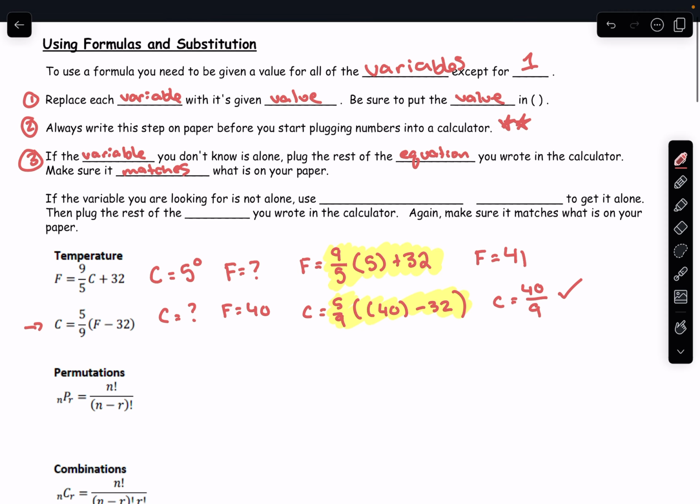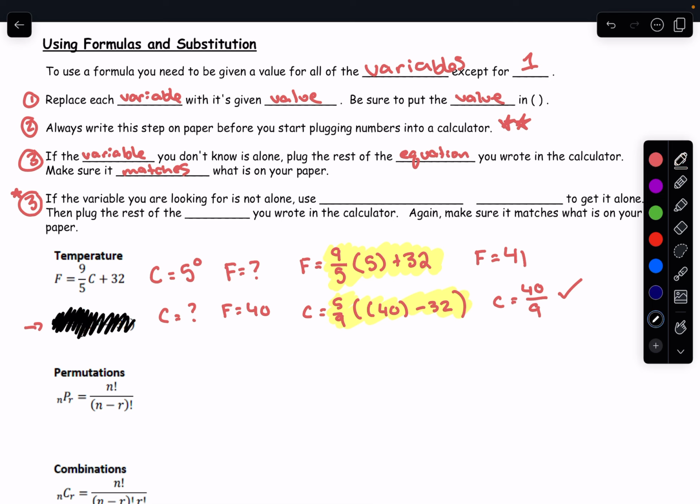Now, what do we do if the variable that we're looking for is not alone? So this is also step 3, but it's a different step 3 because it's what we do if the variable is not by itself. So let's say I had this same situation with the temperatures, but it did not give me the formula for Celsius.